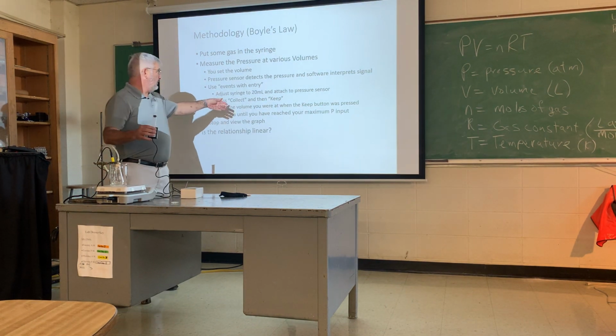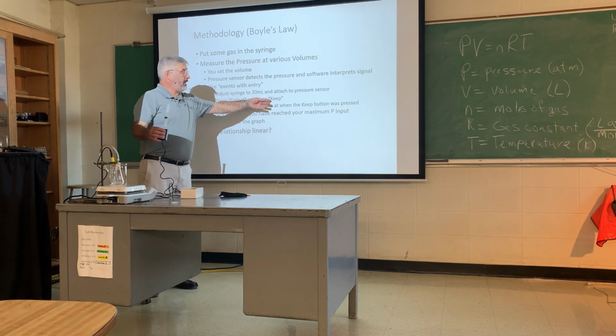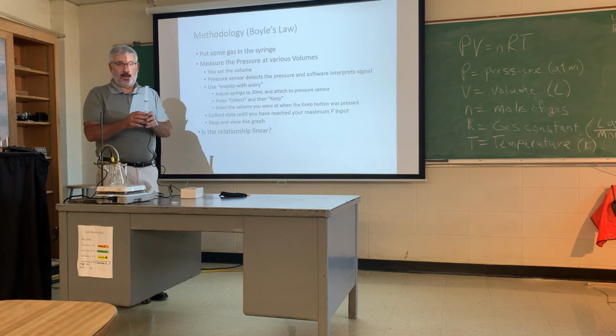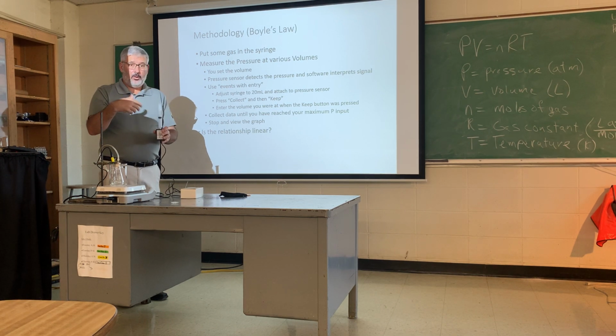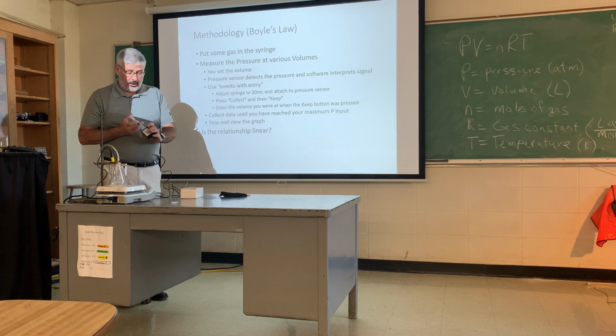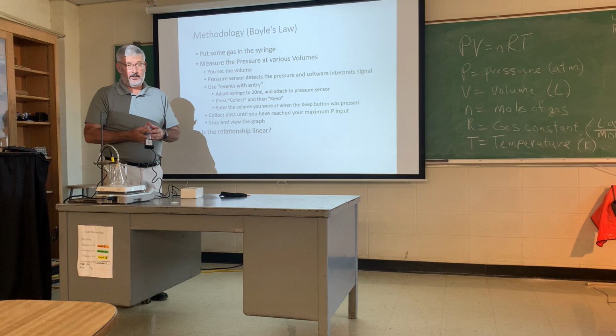Okay, so when I do that and I have it set to events with entry, my first data point, I'll hit collect and keep, and that's going to be at the atmospheric pressure of the room because I haven't changed the volume. Okay, and so then I'm going to consecutively change the volume by depressing the syringe by 1 milliliter unit, and then I'll hit keep again.